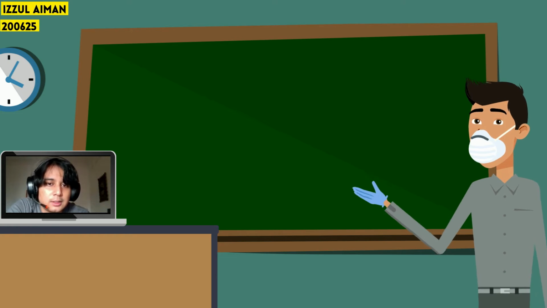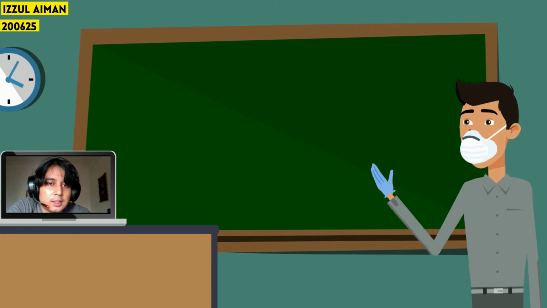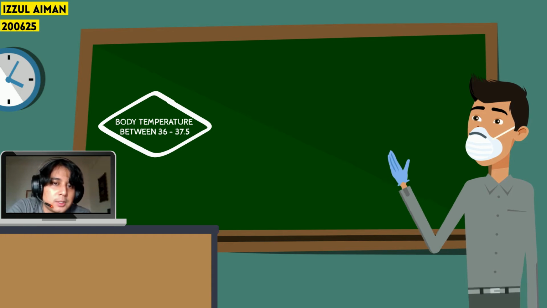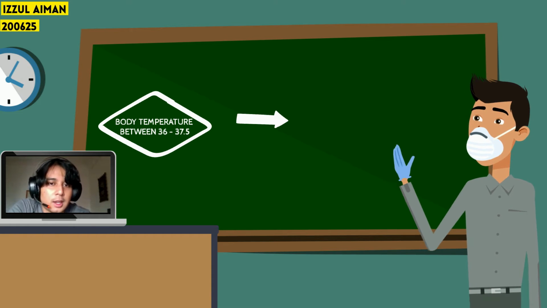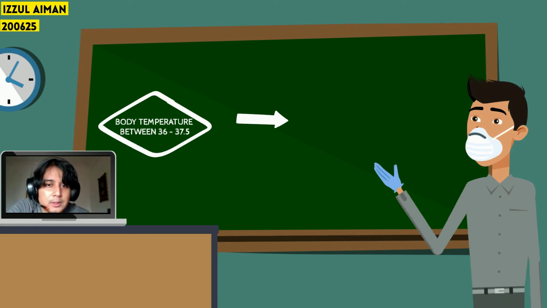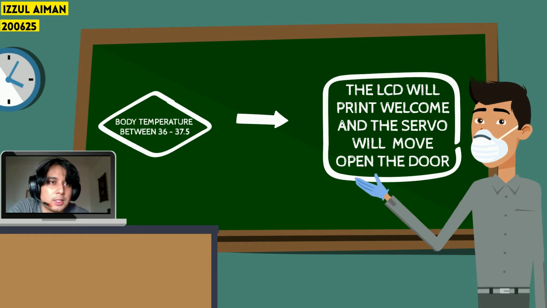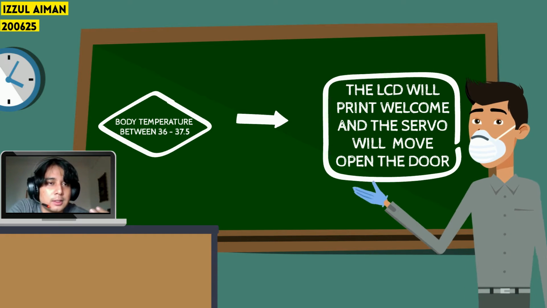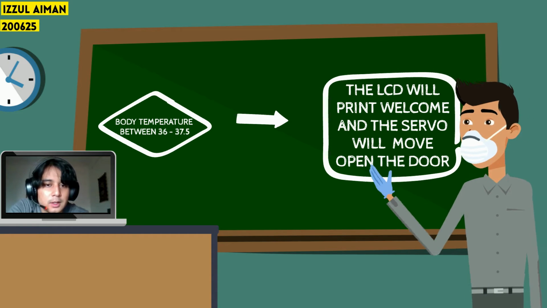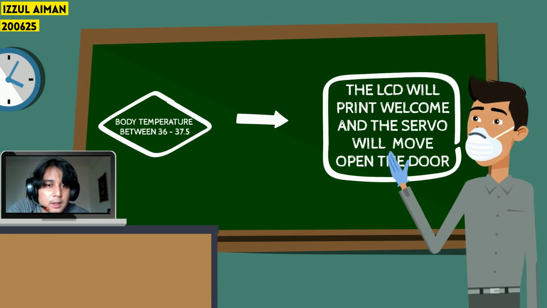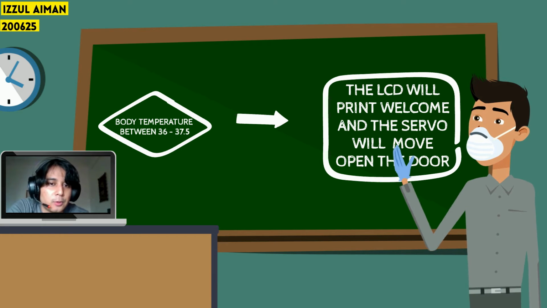For the second decision, when the body temperature is between 36 and 37.5 or below, the LCD will show welcome, which means we can enter the premise or the home, and the servo will move and open the door.